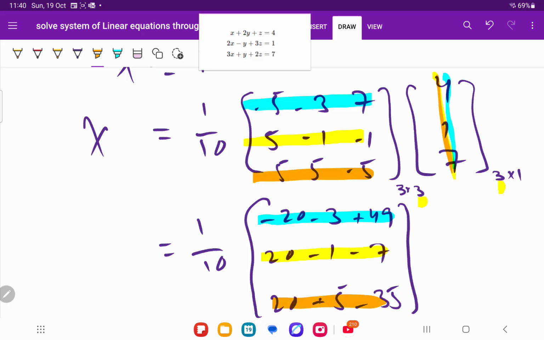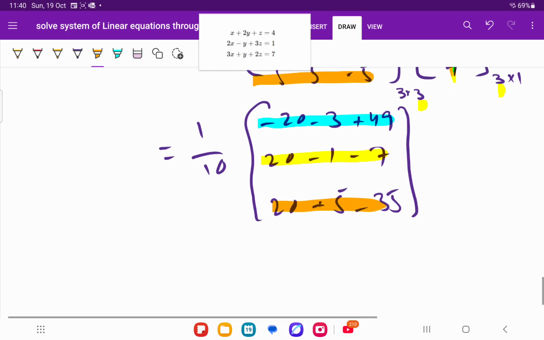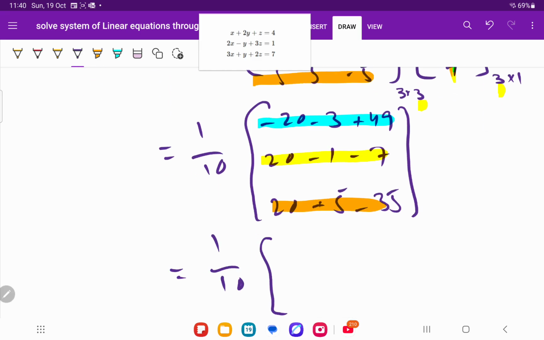Okay. And now we'll add or subtract. So minus 3 minus 20, minus 23, and 49. What is the answer? Minus 23 and plus 49 is 26.